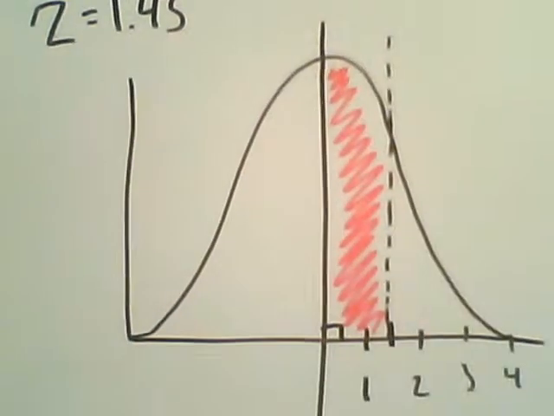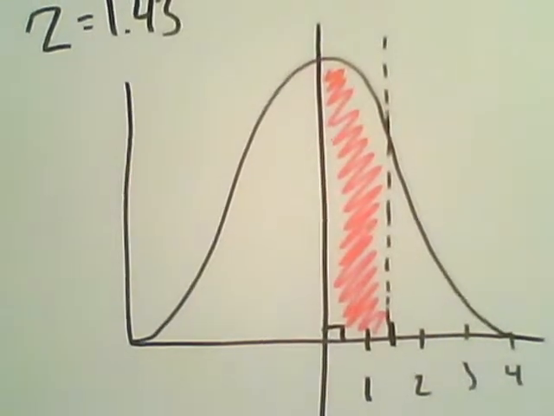So we're trying to find the area. It looks like Halloween. Between this shade and red. Okay, so we're trying to find that red shaded area on our graph. Okay, so we look up on the table a z-score of 0, and that turns out to be 0.5 on our table.